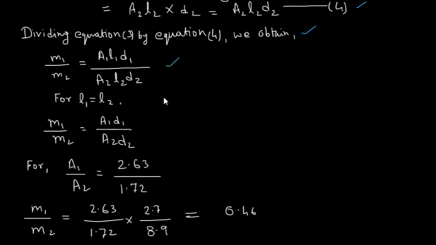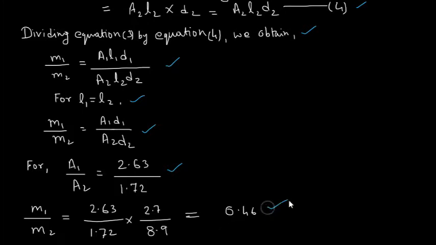For L1 is equal to L2, M1 upon M2 is equal to A1 D1 upon A2 D2. For A1 upon A2, we get 2.63 upon 1.72. Therefore, M1 upon M2 is equal to 2.63 upon 1.72 into 2.7 upon 8.9.